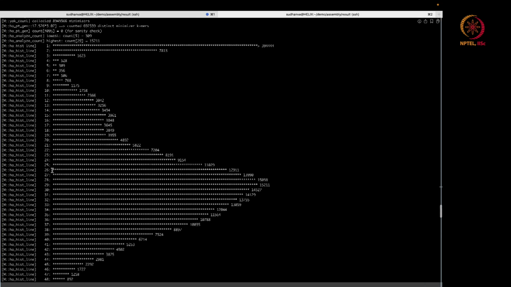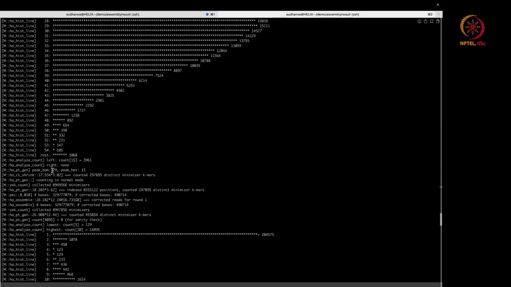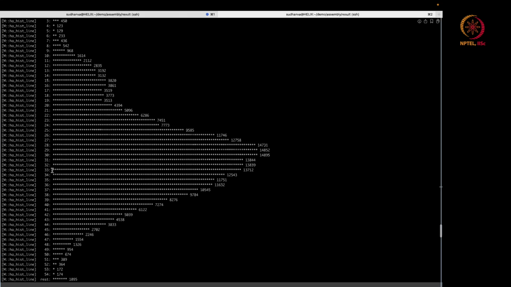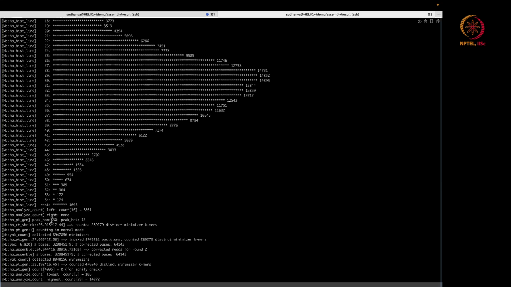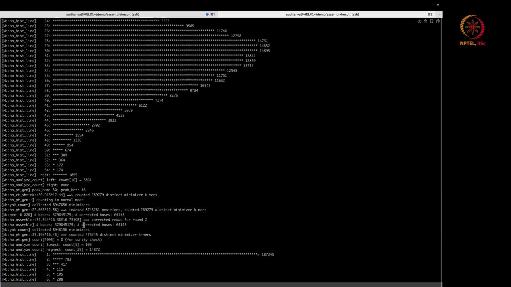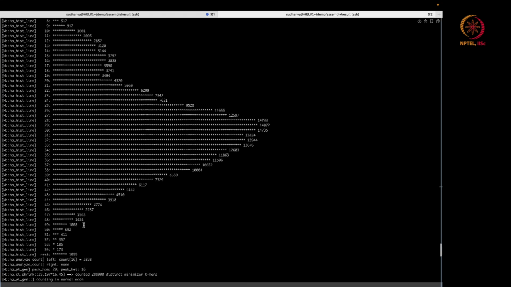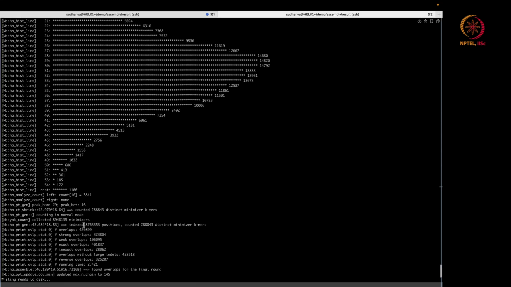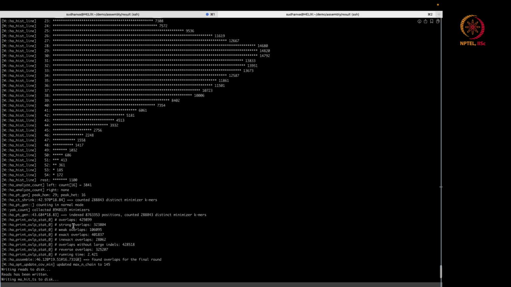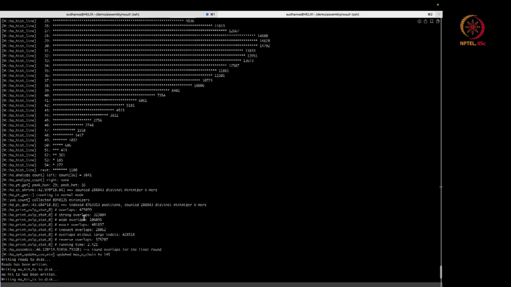hifiasm error corrects these reads 3 times by default, and each time it computes this K-mer diagram to identify the heterozygosity and homozygosity rate. Once it has corrected the reads 3 times, it identifies the homozygosity and heterozygosity rate one last time, and then proceeds with generating the overlaps between all pairs of reads.